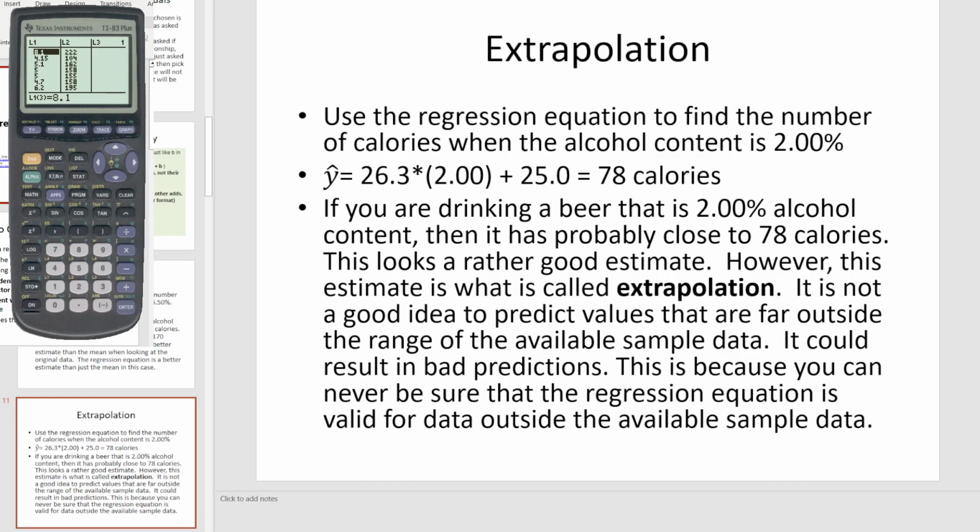So this could potentially be a bad prediction. We typically want to avoid extrapolation as a result. We want to avoid predicting for x values that are far outside of our original data, because we can never be sure that this regression equation is valid for data that is outside of the available sample data.